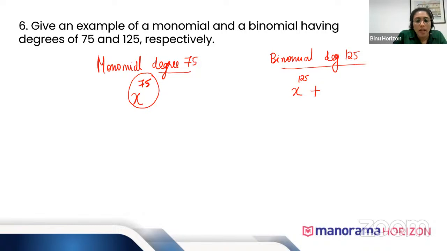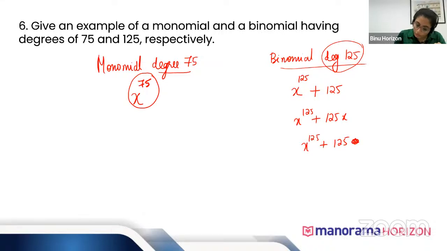Already you have written x raised to 125, so the criterion of degree 125 is satisfied. Now you can write any term here. Like you can write x raised to 125 plus 125, or x raised to 125 plus 125x, or plus x you can write.